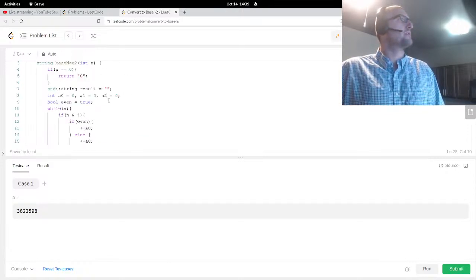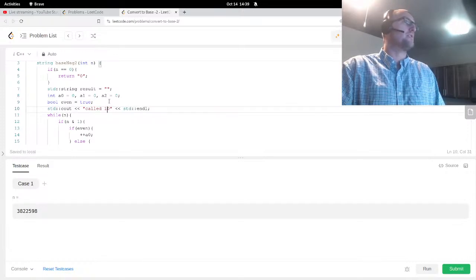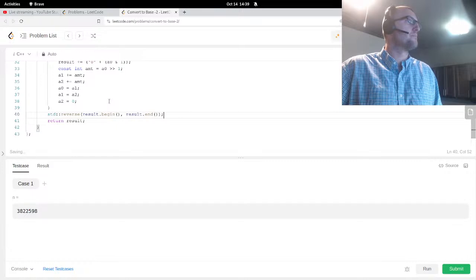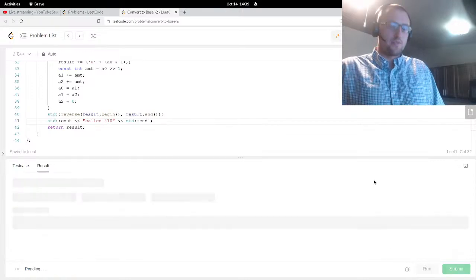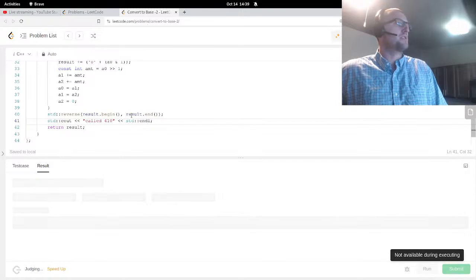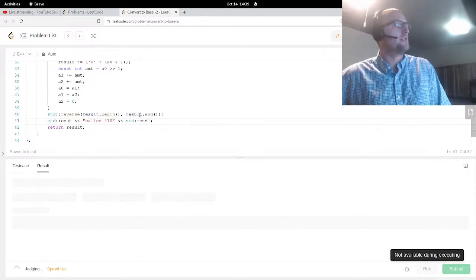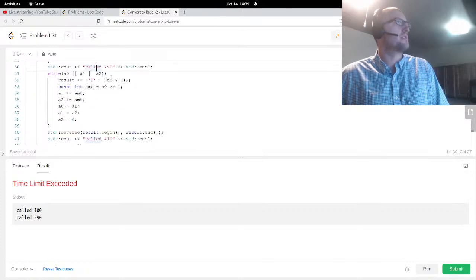I don't know why that would be. I'm fairly certain these should all terminate. They should all also complete in a relatively efficient time bound, like logarithmic. Okay, so it's this one that's causing issues.